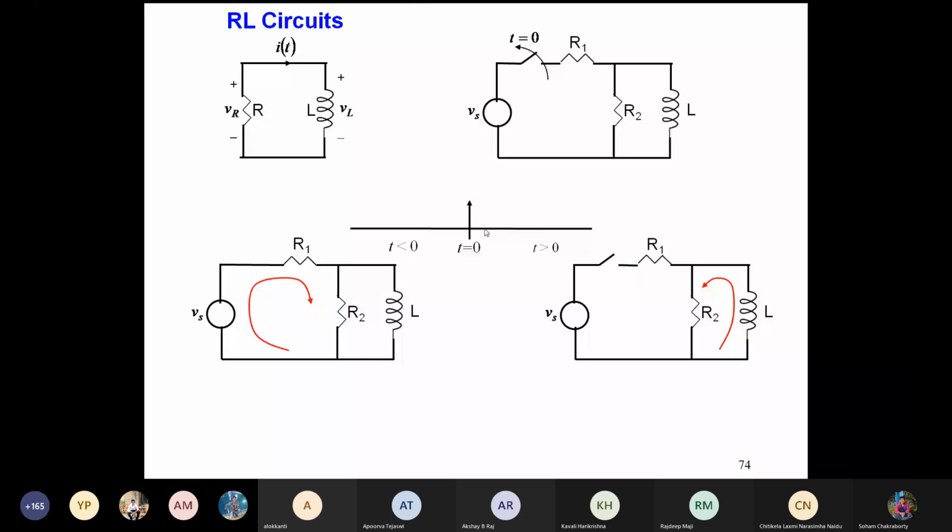We'll find out the mathematics of it. It is actually in the next slide.